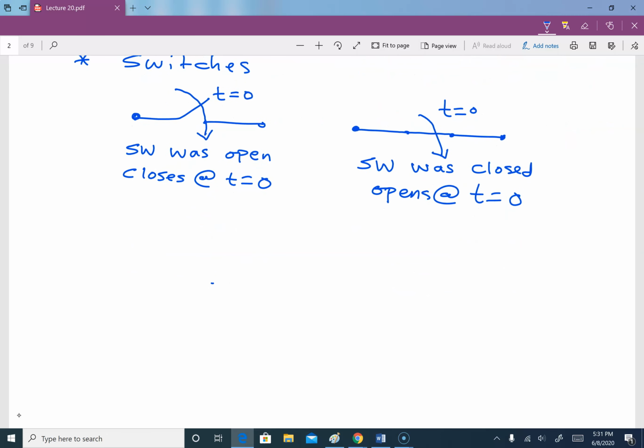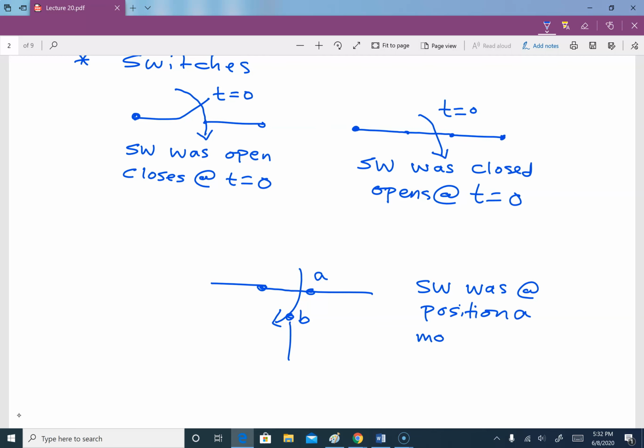If we have a switch like this, and this is A and this is B, it means the switch was at position A and moves to position B. That is the meaning of this.